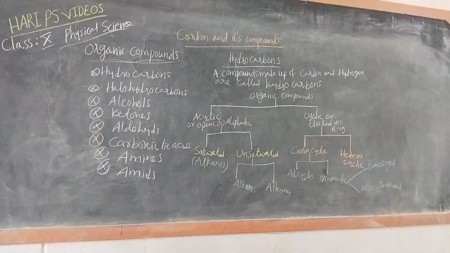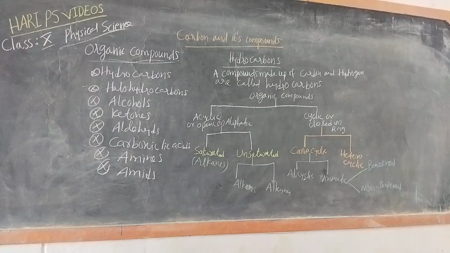Organic compounds are of two types: acyclic, or open, or aliphatic organic compounds, and cyclic, or closed, or ring type organic compounds. Acyclic or aliphatic compounds are classified into two types: saturated and unsaturated.